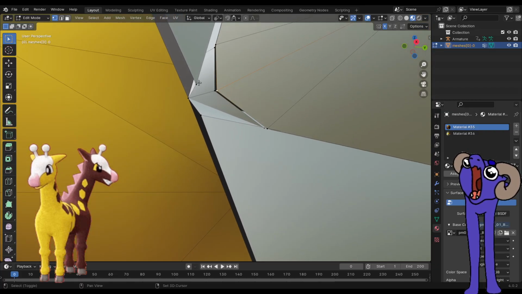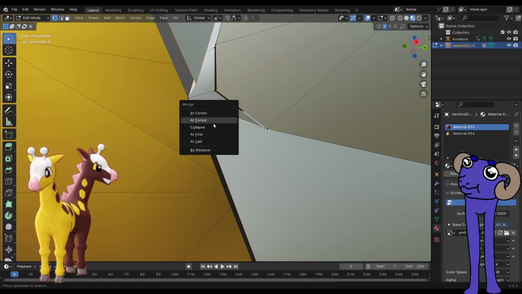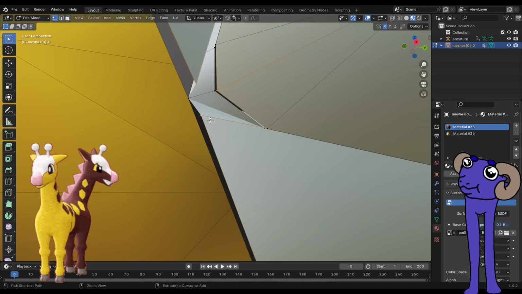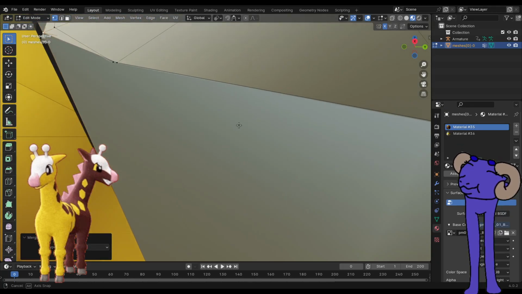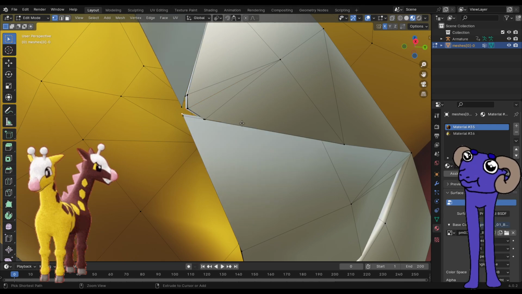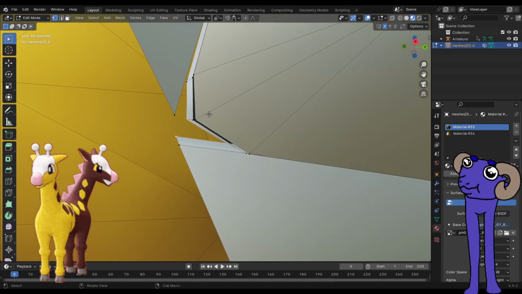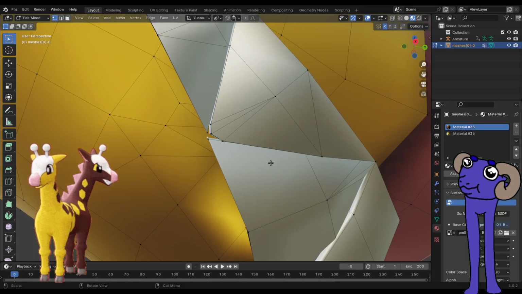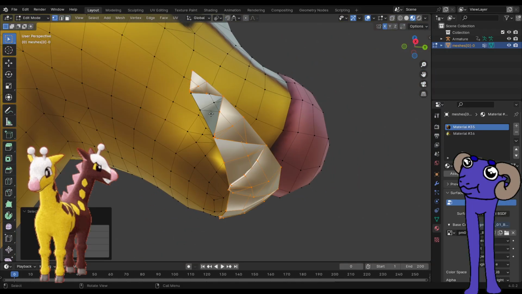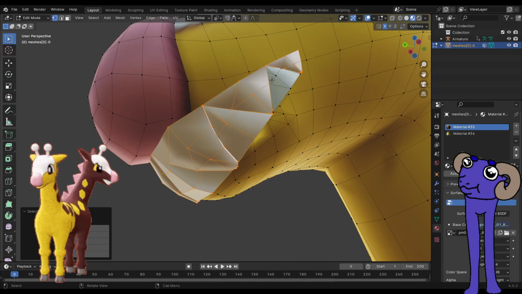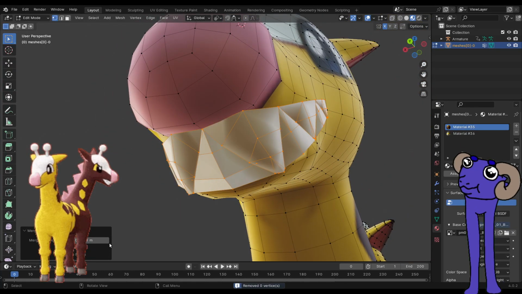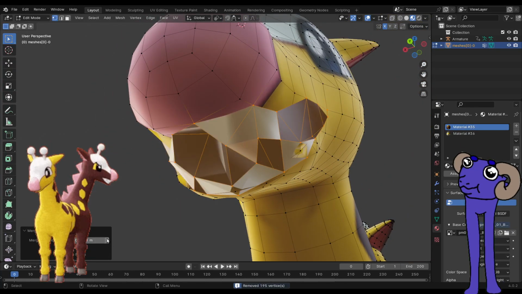And we're going to do the same to you. Nope, not cursor, center. Now that actually looks terrible.